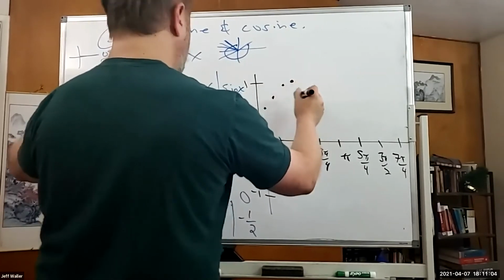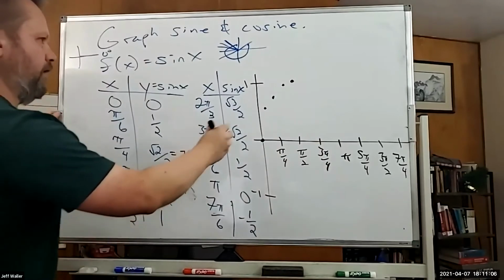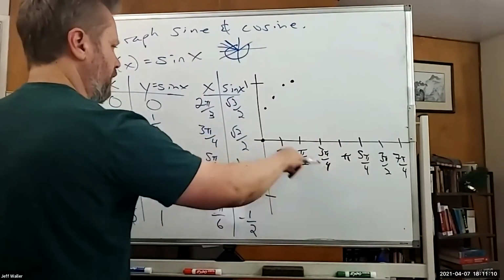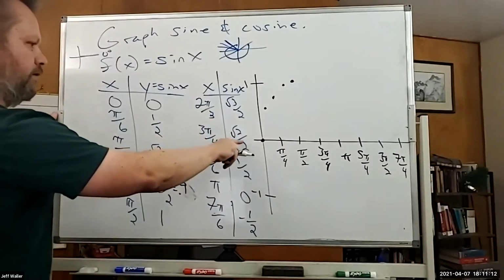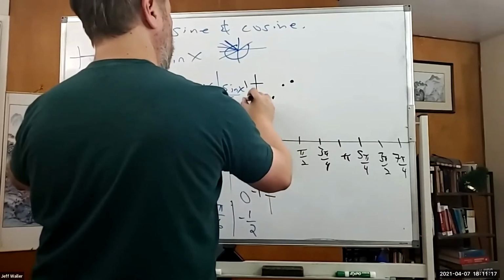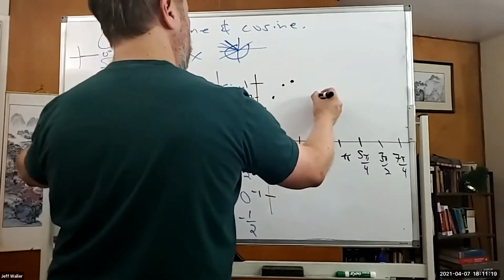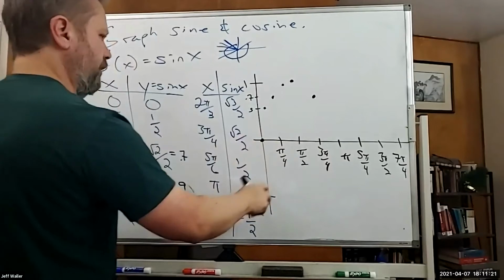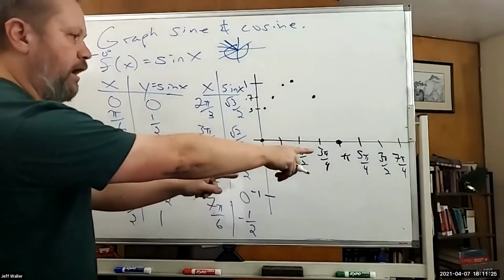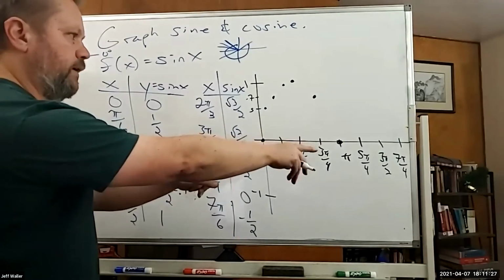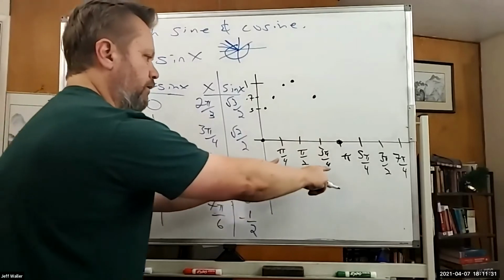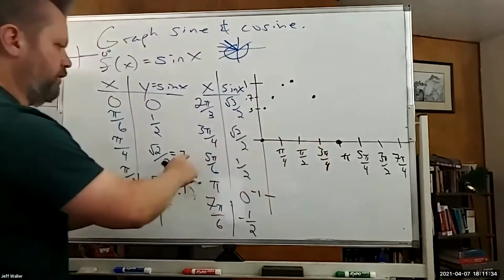So let me just get the main things. I don't have to worry too much about the little in-betweens. Let's just worry about the 45-degree stuff just to get the idea. That's 0.7 again. Let me put some markers up here. Pi at 0. At 5 pi over 4, what's it going to be? What's the number at all the over 4s? 0.7.